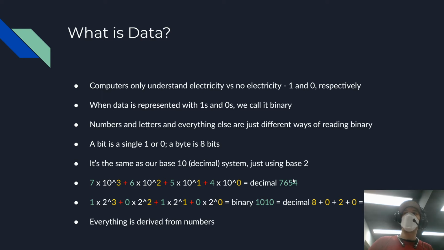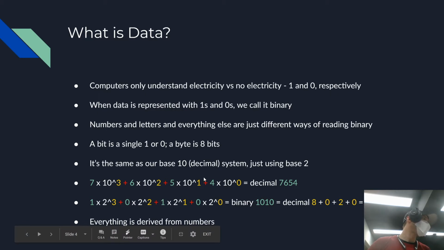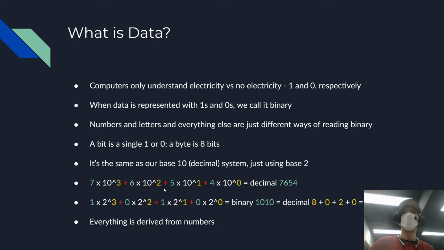So 5 times 10 to the first is 50. 10 to the first is 10, right? What's 10 to the second? Yep, 10 to the third. You got it, right? So each time we move to the left, we increase the exponent, okay? And that's how our base 10 number system works, right?